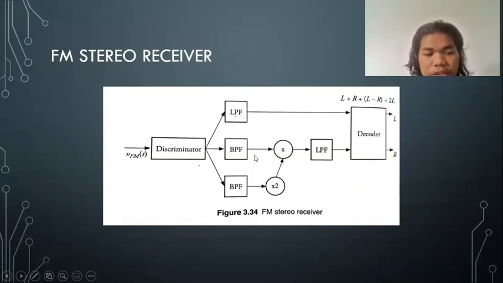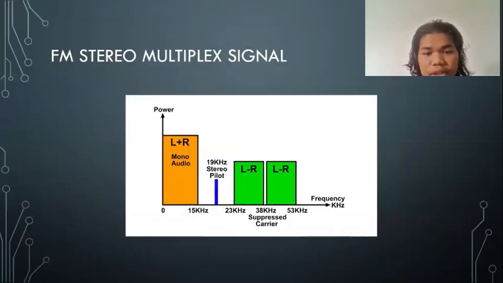The stereo receiver looks at the incoming FM modulated signal. It knows that the 15 to 23 kilohertz range should be vacant unless a stereo signal is being transmitted. If a 19 kilohertz pilot tone is present, it can be recognized and used to control the frequency and phase of a 38 kilohertz oscillator.